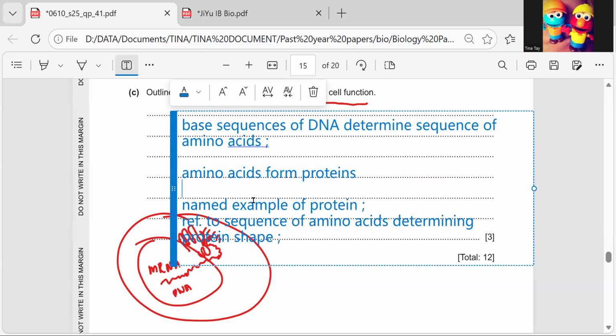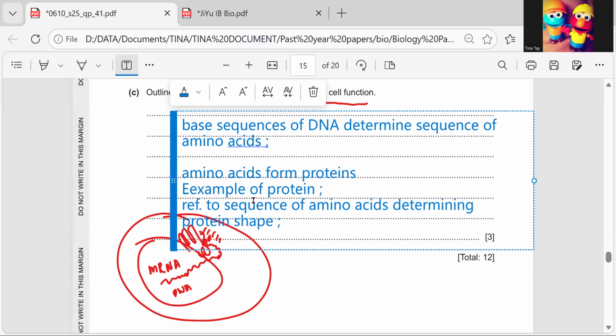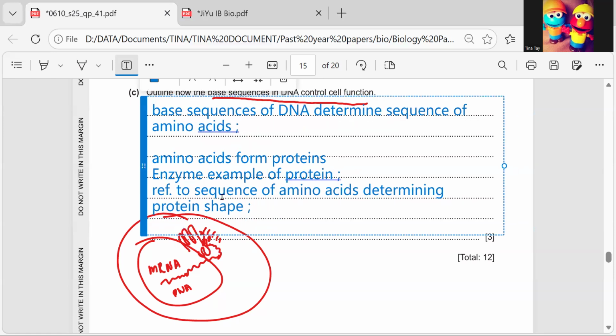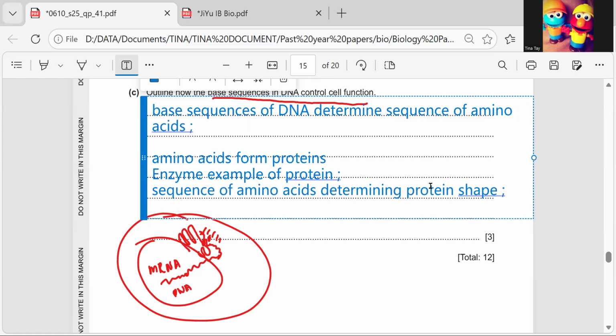For example, enzymes. And enzymes have what? Active sites. They're specific because the DNA sequence is specific. So the sequence of the amino acids determines protein shape, to give enzymes their active site.